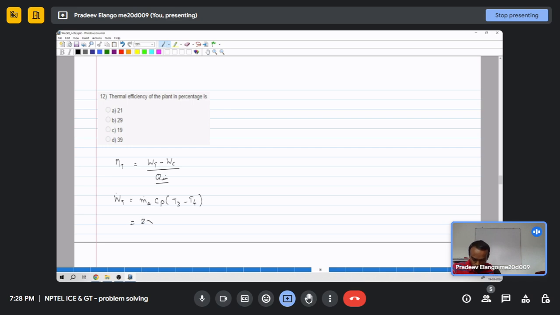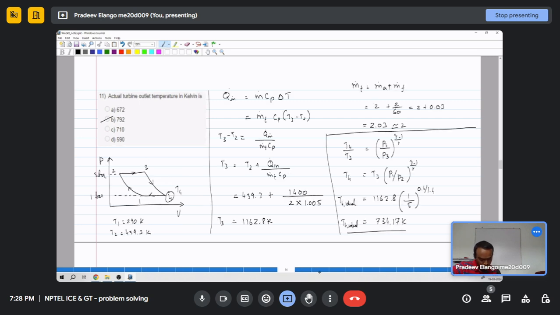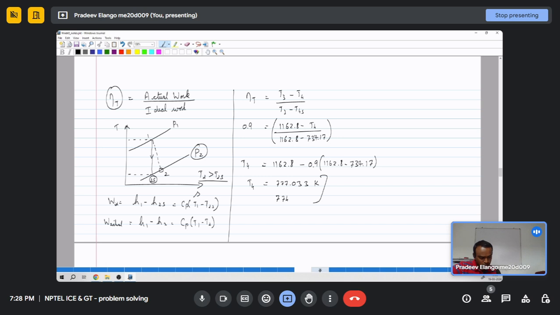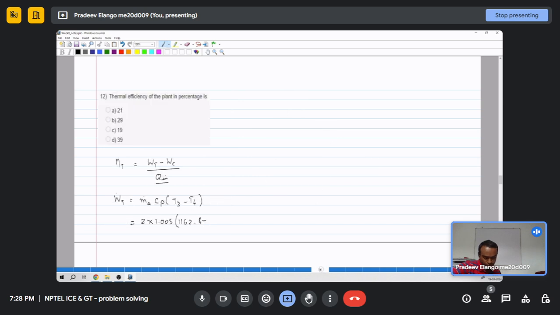So m is 2, which is 1.005, into T3 is 1162.8, minus T4 is 770. I would take the average of these two values, that is 775.5. Can you calculate turbine work output?